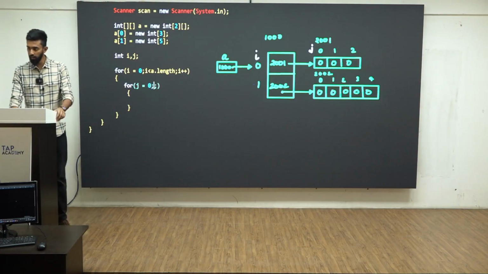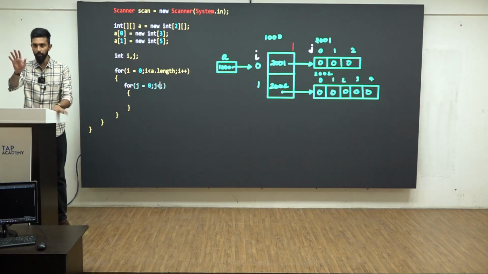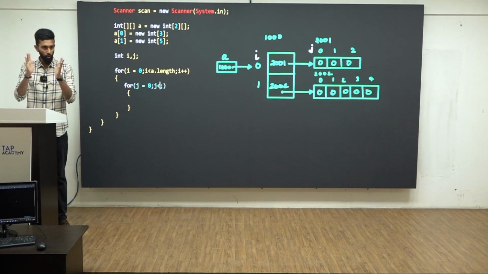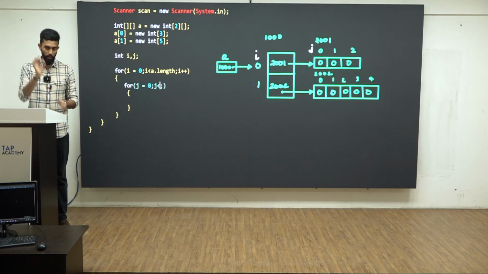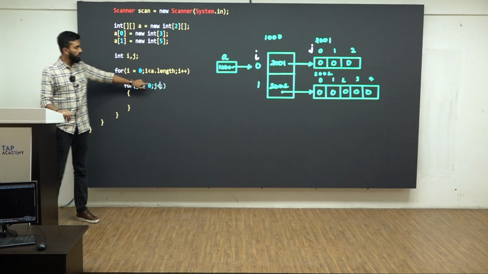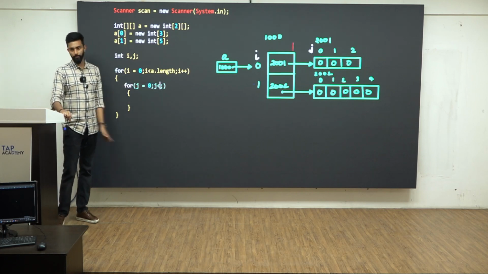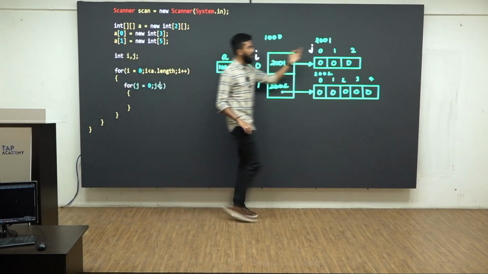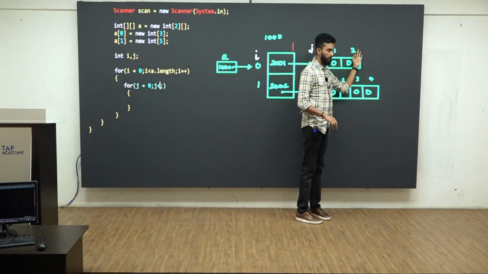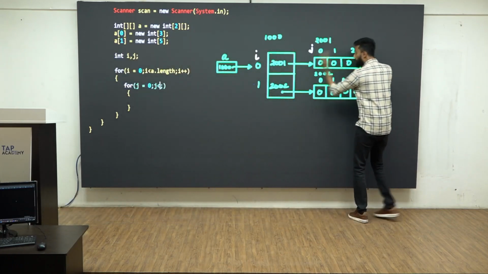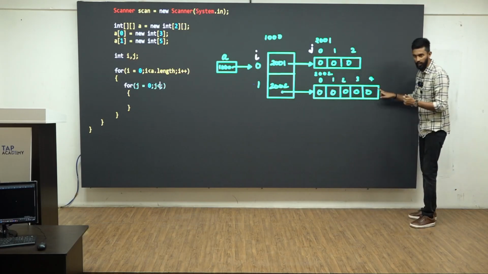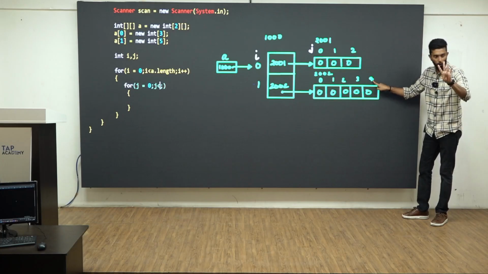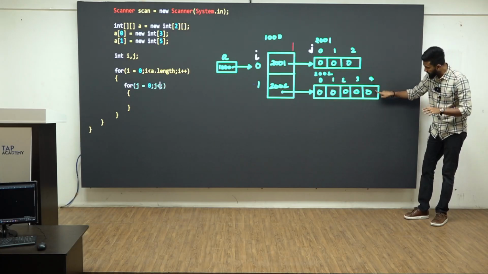But now think logically. I will go here and tell j less than. Now assume length concept was not there. Length concept did not exist. Now think and answer. What is the value you will tell here? Because if in case you tell less than 3, it will work for the first classroom. Will it work for the second classroom? No. If I tell less than 5 so that it goes till 4, it will work for the second classroom.